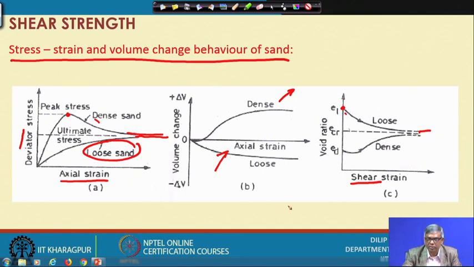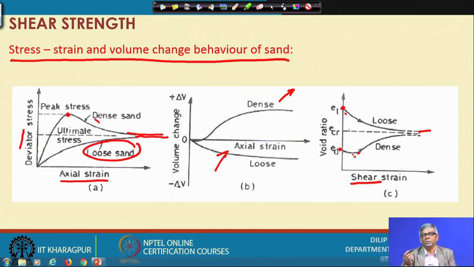Similarly, dense sand will have a very low value of void ratio, because dense sand means the voids are less. As we see, at the initial portion of the shearing a volume decrease happens, because of that the void ratio also decreases up to some point, and then with further increase of strain the volume will be increasing.